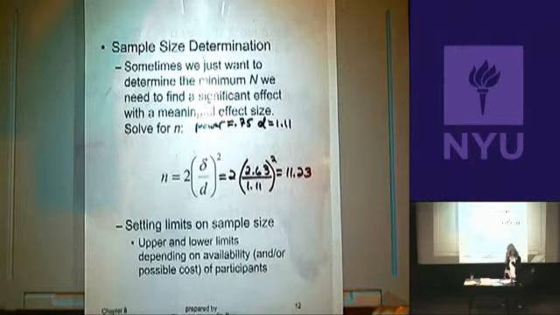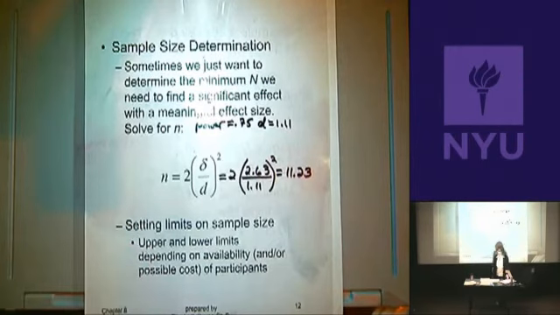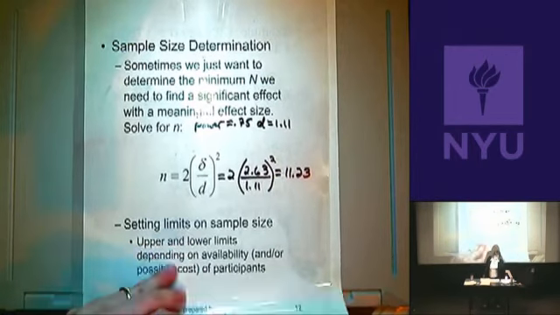All right. Now, one thing you could do is you could set limits on sample size, which is essentially all it is doing, 2 more sample size examples. But you're just setting kind of a range for yourself as to how many subjects. So let's actually do that, just so you can see what I'm talking about. So setting these limits is based on your effect sizes, if you have small or large effect sizes.